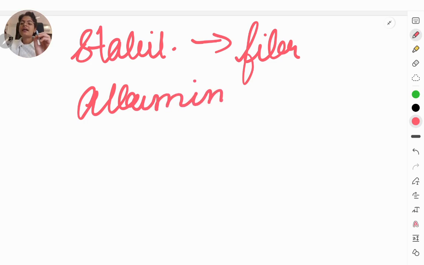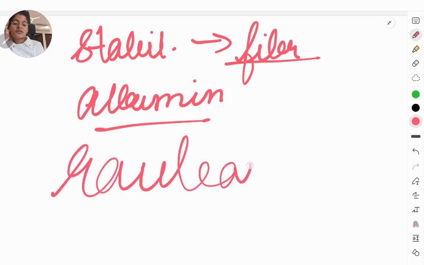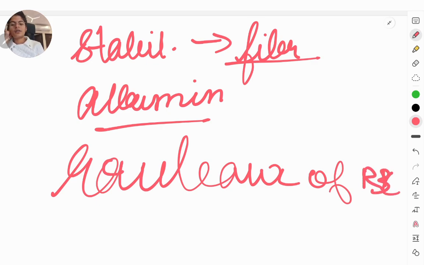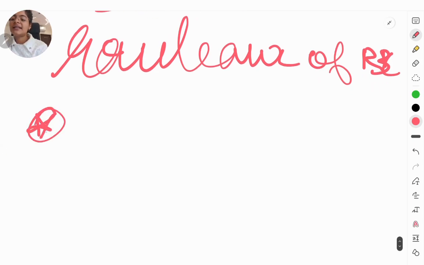You came to know now that what if the albumin went out of the capillaries, did the things go in the right way? No, edema was caused due to that. So this albumin and also fibrinogen, they both are responsible for the stability of the blood. If the stability is not maintained, then it causes rouleaux of RBC. Okay?